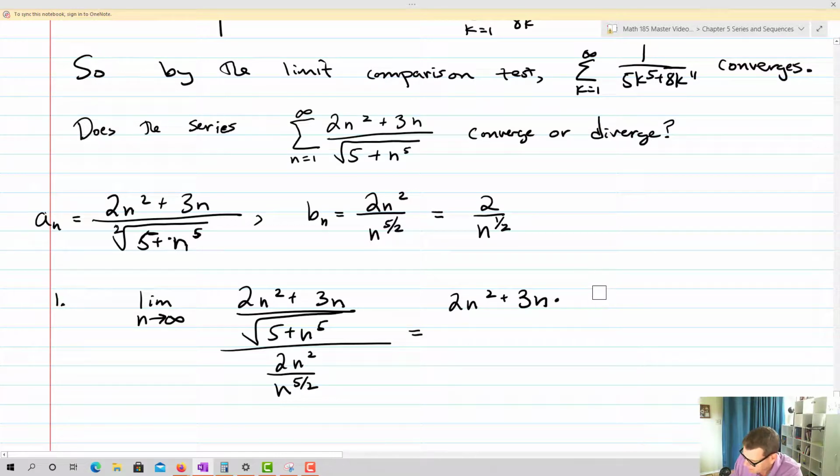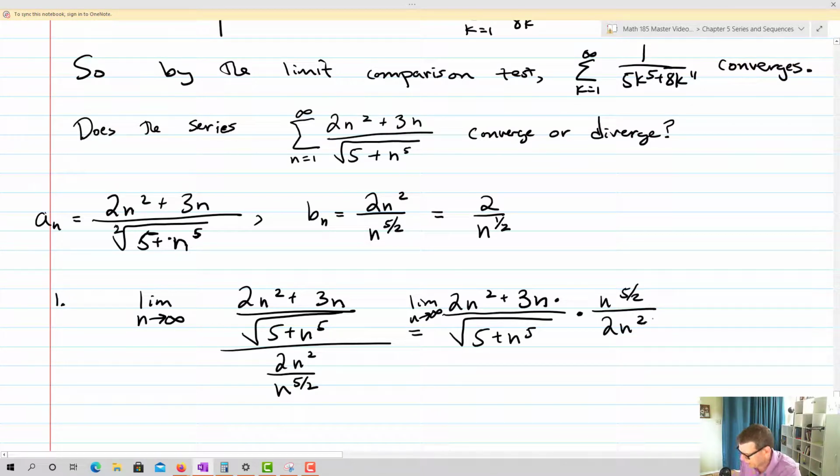So what's going to happen, by the way, it continues to be a limit, 5 plus n to the 5th. What's going to happen is we'll multiply by n to the 5 halves, divided by 2n squared.